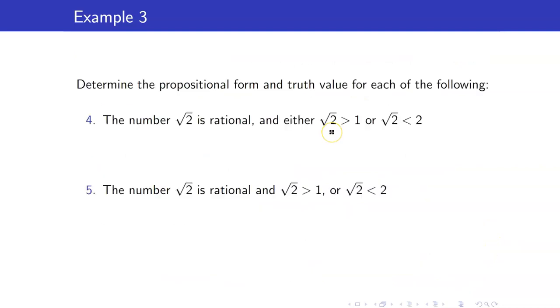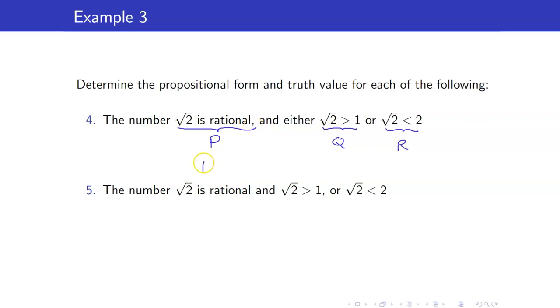For these next two examples, we always have the same propositions here. Square root of 2 is rational. Square root of 2 is greater than 1. And square root of 2 is less than 2. I will let this be P. This is Q. And this is the statement R. For number 4, you have a comma here.